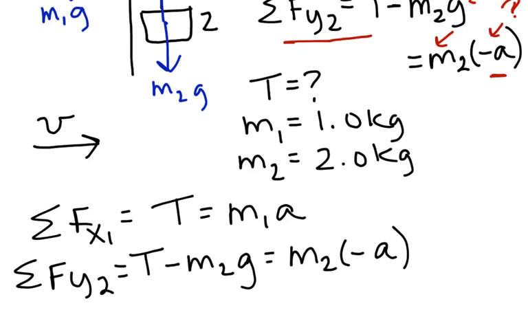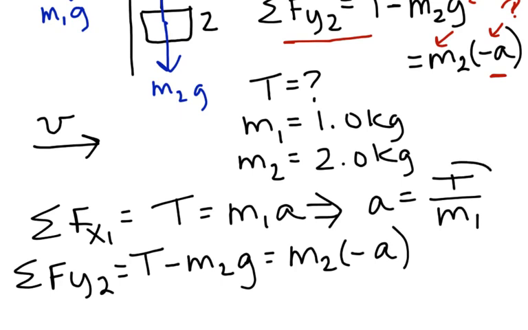I want to find tension. So what can I do here to find tension? What I can do is rewrite the sum of the forces in the x direction for object 1 for acceleration. So if I rewrite this equation, I would get the acceleration is equal to the tension over the mass of object 1.